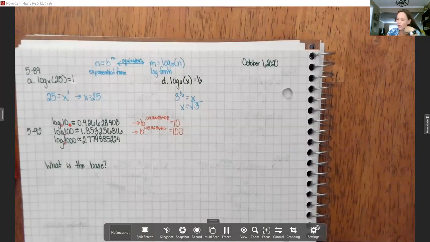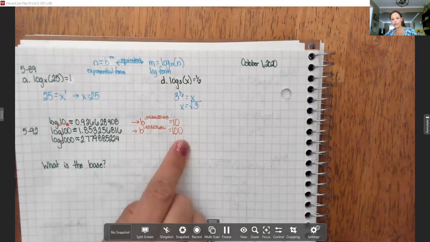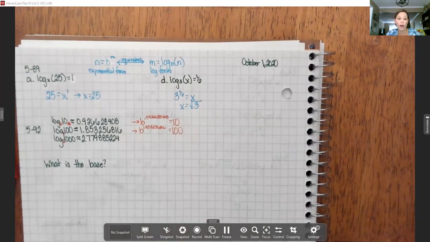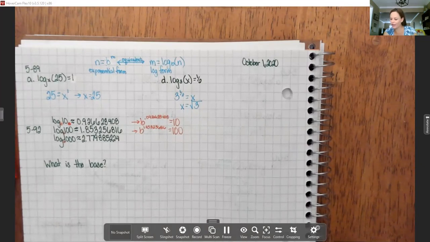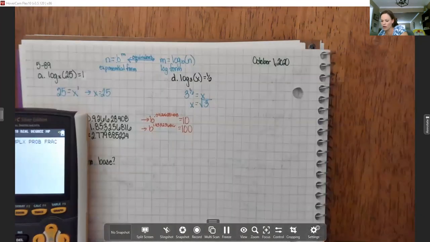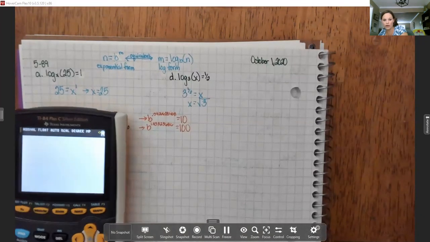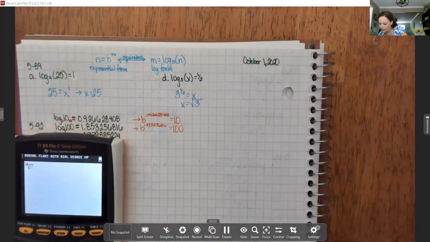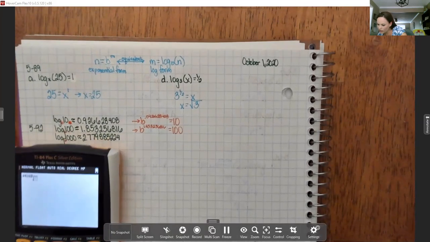Really the only way is we could take the root on each side, or we can guess and check. Those are your 2 options. Let me get my graphing calculator. If we wanted to, on this top one, take the root, it's going to be the root of that really long decimal. I'd have to type that long decimal in, 0.09266.